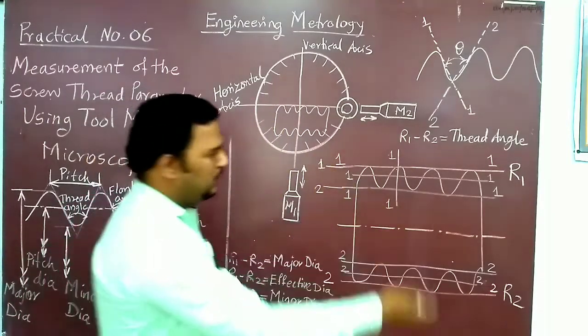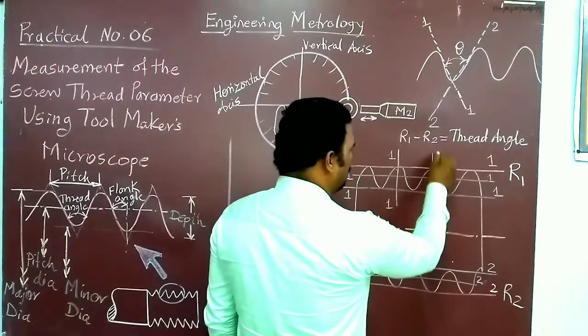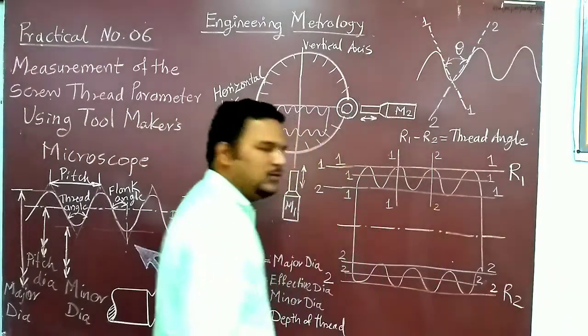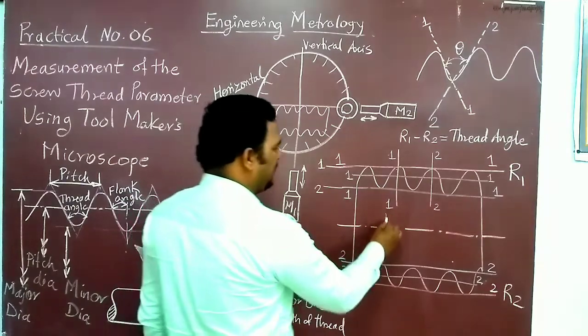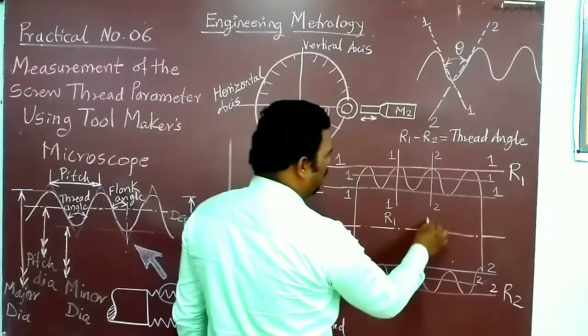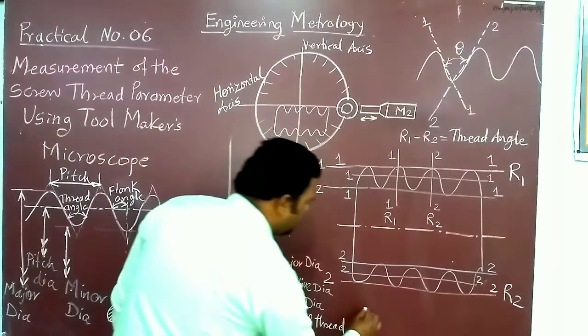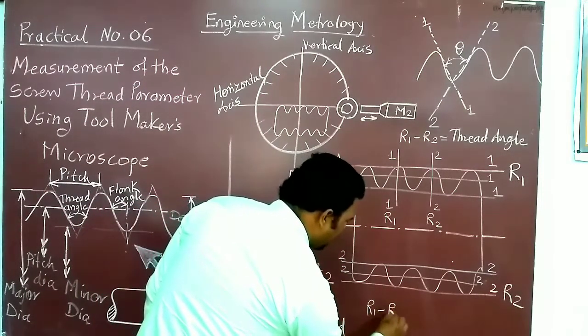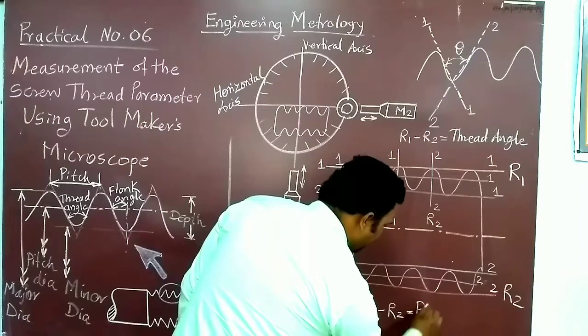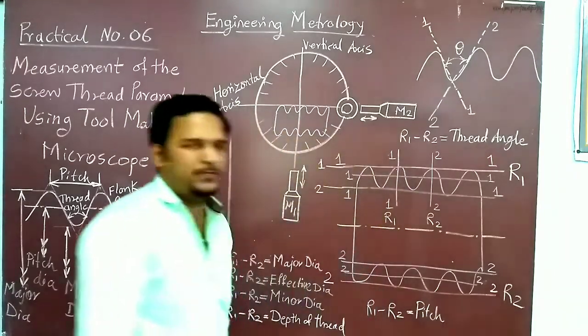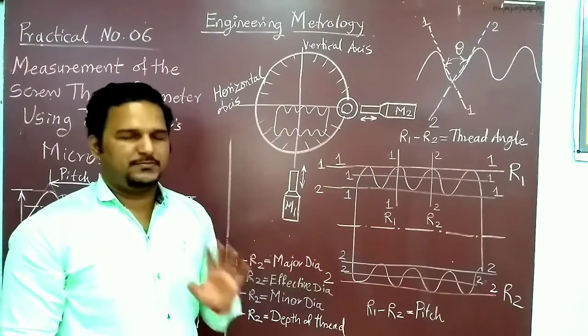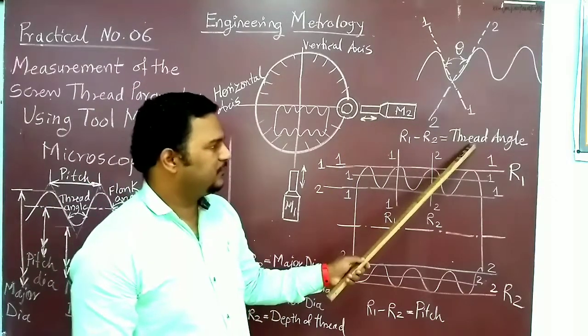Again move that M2, align it at 2, 2. So at 1, 1 we have taken the reading R1, and at 2, 2 we have taken the reading R2. So the pitch is again R1 minus R2 equal to pitch.